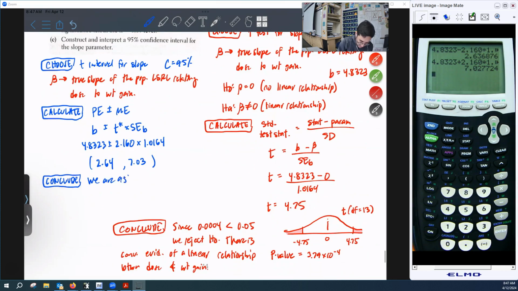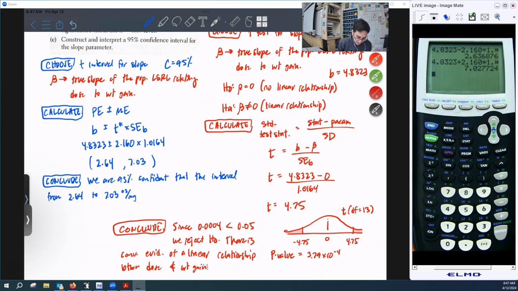We are 95% confident that the interval from 2.64 to 7.03, and now the units here, remember, these numbers represent values of the true slope, and the slope is a rate of change. It's the change of y versus the change of x. y is measured in ounces, x is measured in milligrams, so this has units ounces per milligram.